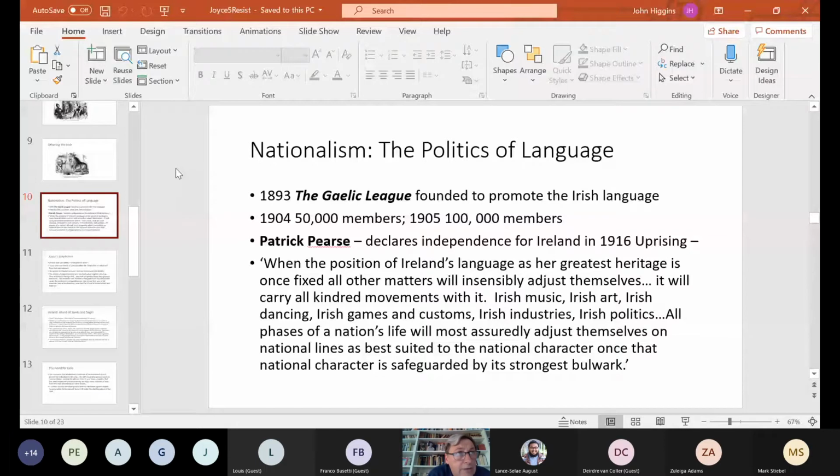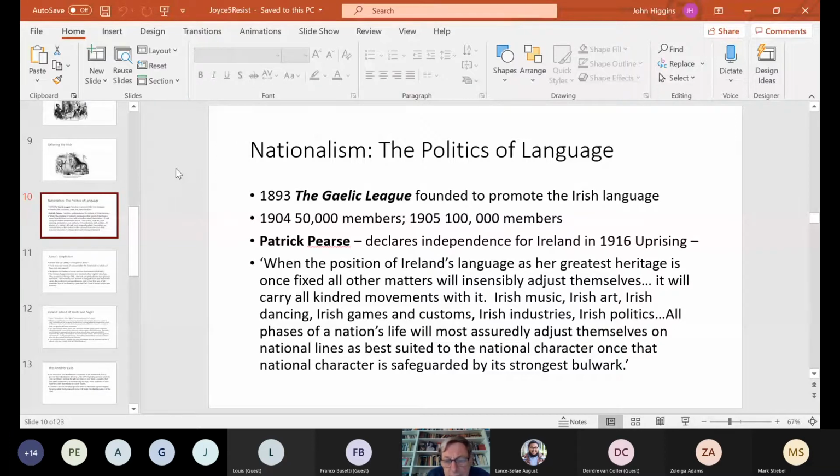Patrick Pearse, one of the most active of people in the Easter uprising, declared independence for Ireland in that moment, saying, "When the position of Ireland's language as her greatest heritage is once fixed, all other matters will insensibly adjust themselves. It will carry all kindred movements with it: Irish music, Irish art, Irish dancing, Irish games and customs, Irish industries, Irish politics.